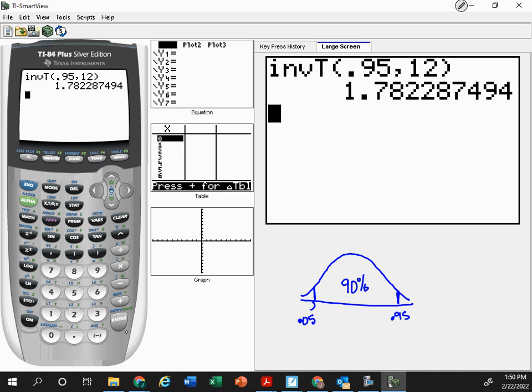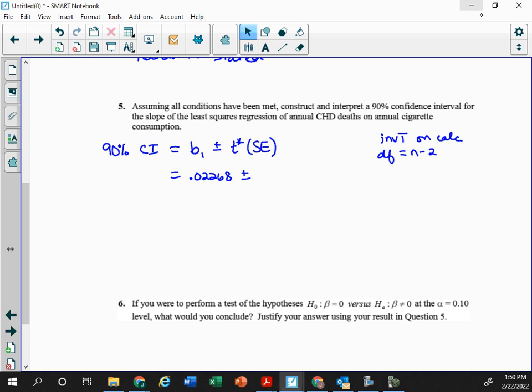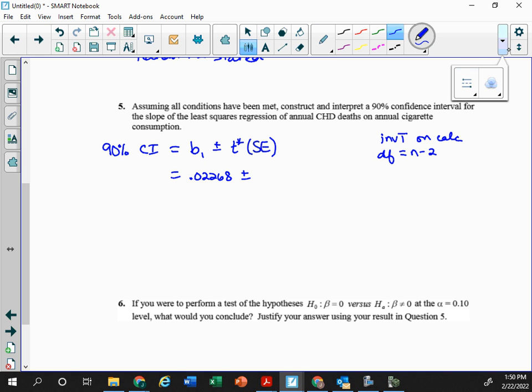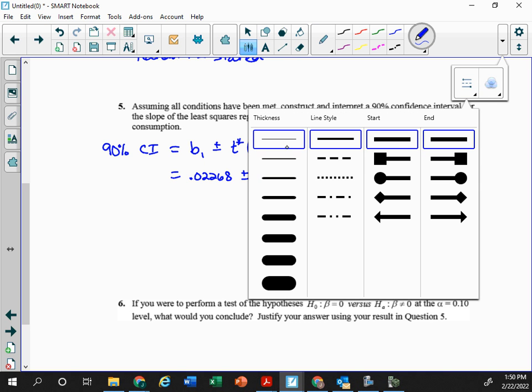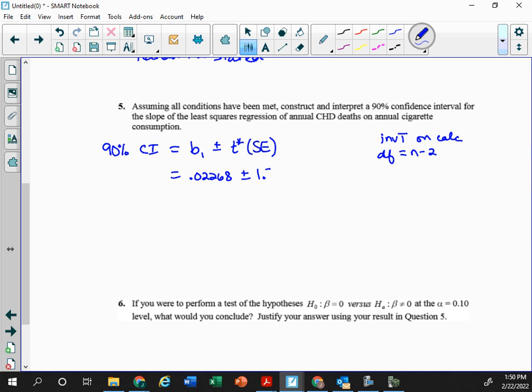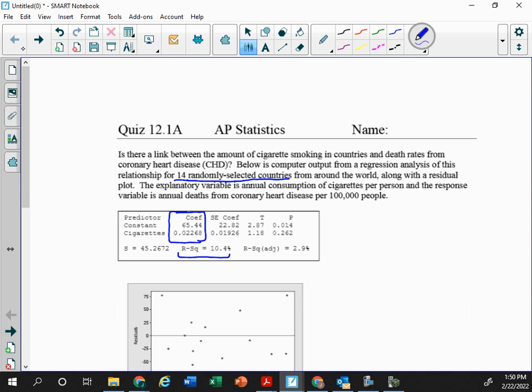All right, so coming back to you, this whole inverse t stuff, okay. So my t crit, I'll just use 1.782. All right, and then back to your computer printout for the standard error here.